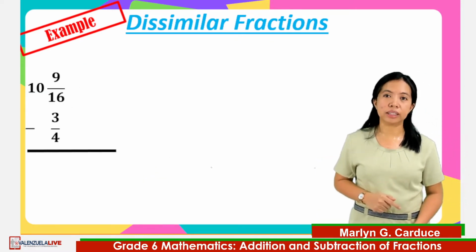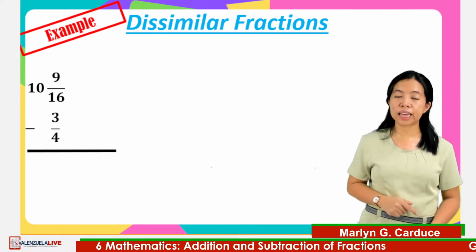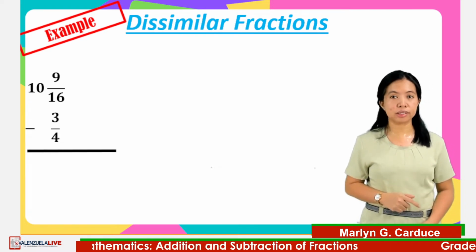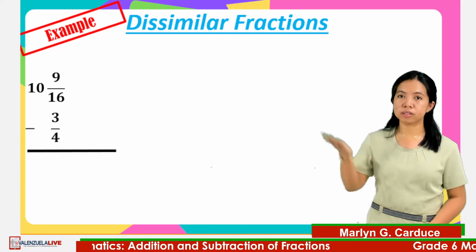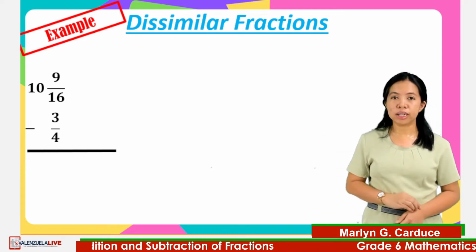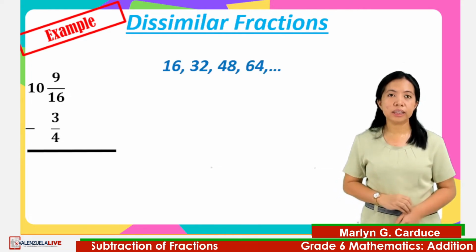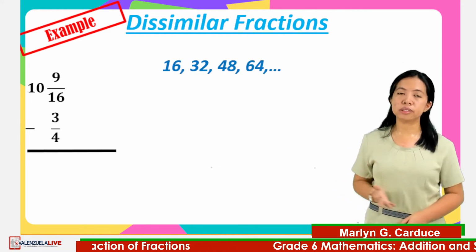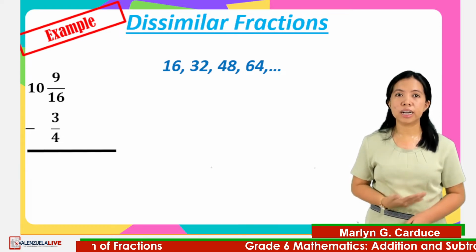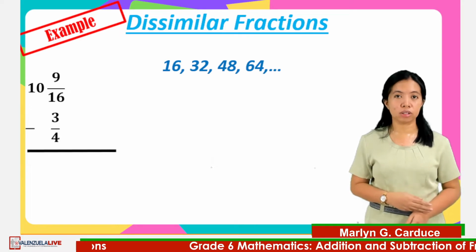Another example. Let's subtract 3/4 from 10 and 9 over 16. So again, since the two given fractions have different denominators, let's look for the LCD. For 16, the multiples of 16 are 16, 32, 48, 64, and so on.